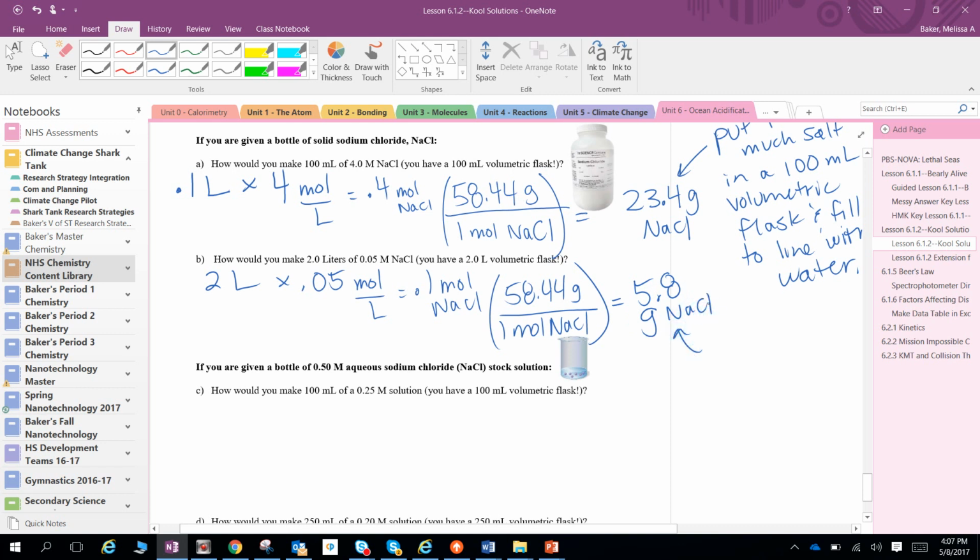So similar to part A, or letter A I should say, we're going to put this in a 2-liter flask and fill to the line with water.